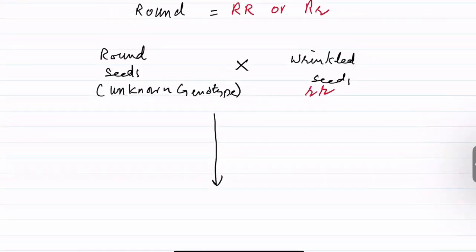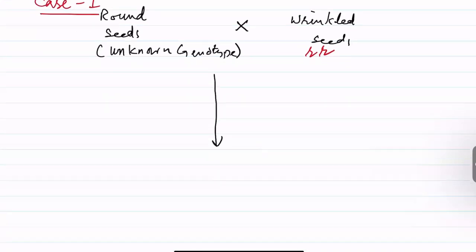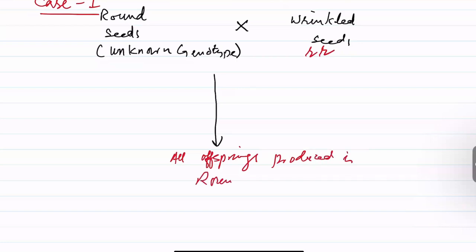Case one is that all the offsprings produced are with round seeds.